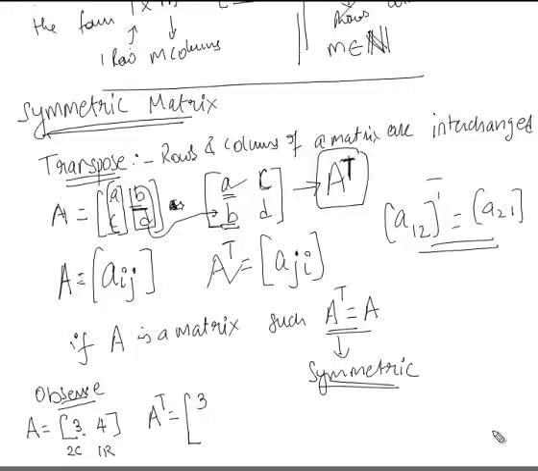Now the rows are replaced by columns. So A transpose will have 2 rows and 1 column. Upon taking transpose, it will look like this. Correct. So if A is m cross n, A transpose will become n cross m. If A is an m row, n column matrix, A transpose will be an n row, m column matrix. This is the first observation.